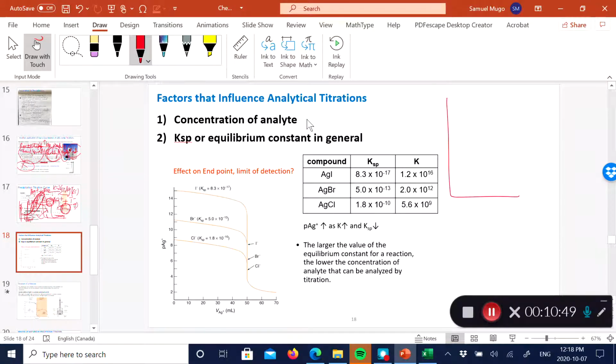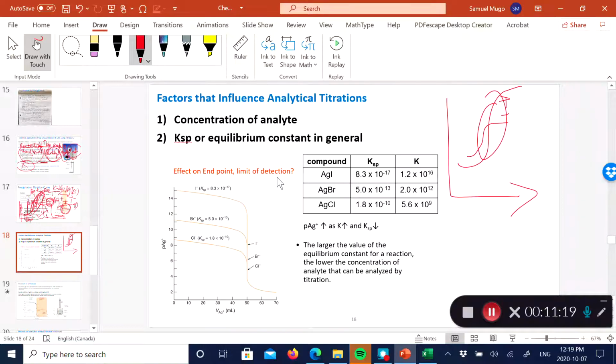So if I've got a high concentration of iodide, my titration curve is going to look like that. If I've got a low concentration, my titration curve is going to look like that. And so the end point is very difficult to detect at very low concentration, meaning the detection limit is almost reached.